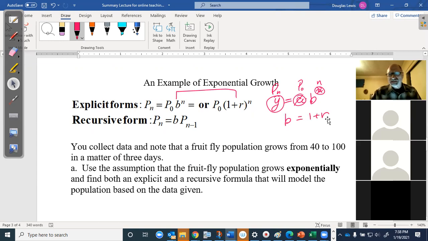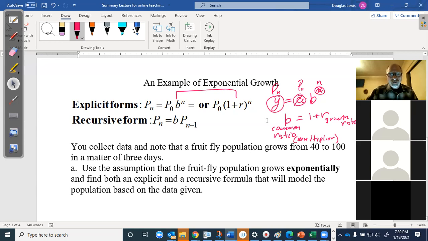And r is sometimes referred to as a growth rate. b is referred to as the common ratio. I prefer to call it the common multiplier. It's what you multiply by each time. r is called a growth rate, and you'll get examples of that too.